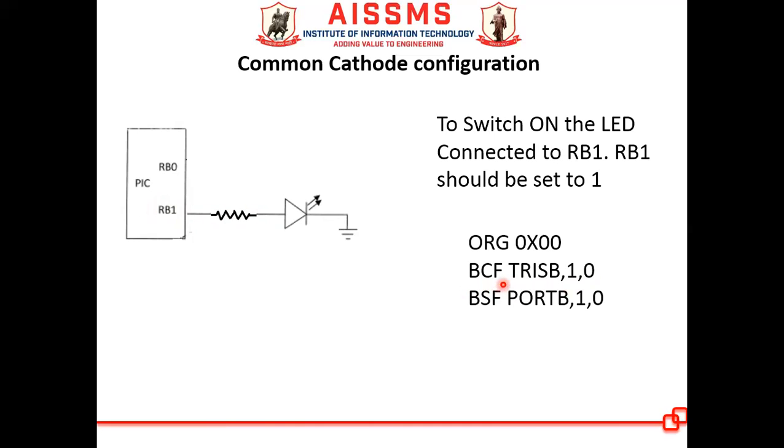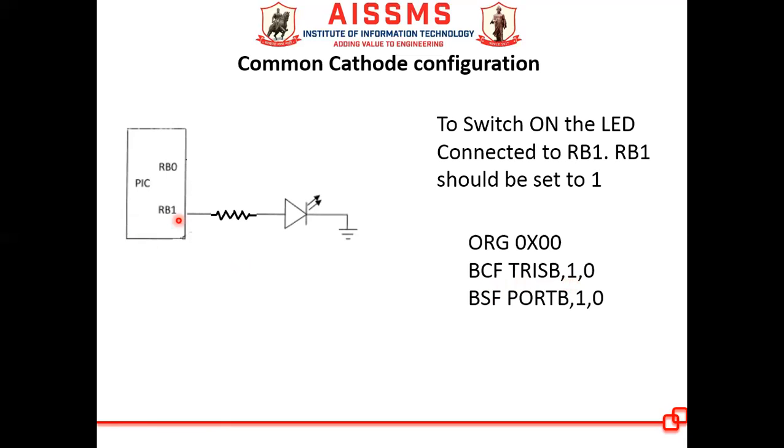BCF instruction is a bit level instruction and has a general format as BCF F, B, A. B is the bit that you want to set or you want to clear. This instruction will clear the first bit of TRISB register.